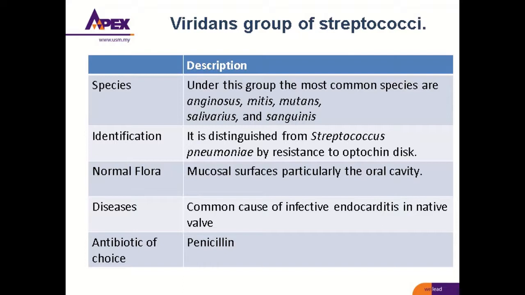So for identification, on blood agar we can see alpha hemolysis in Streptococcus pneumoniae and also in this viridans group of streptococci. That's why we need to use the antibiotic optochin when we culture the sample on blood agar, so that we can differentiate it from Streptococcus pneumoniae. The viridans group of streptococci is usually normal flora from mucosal surfaces, particularly the oral cavity.